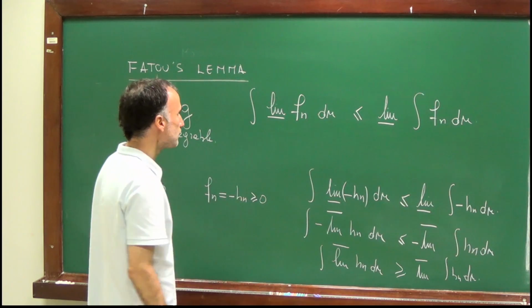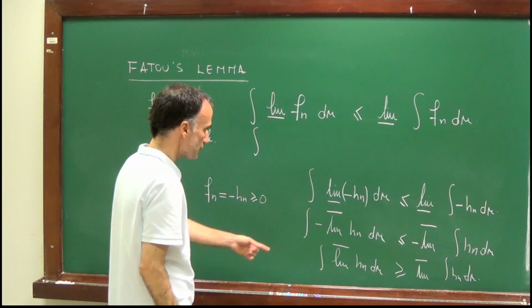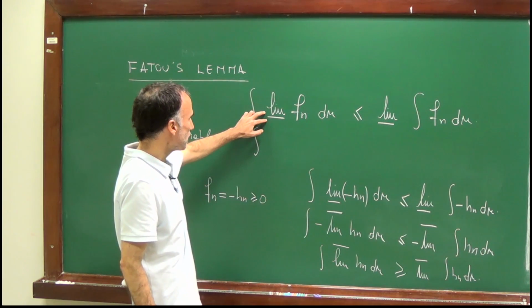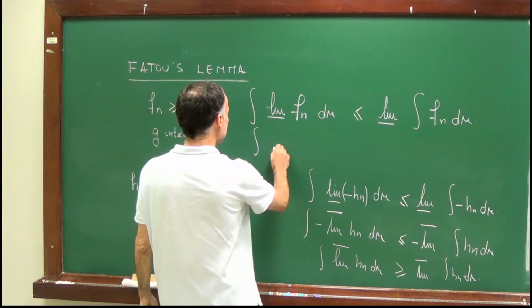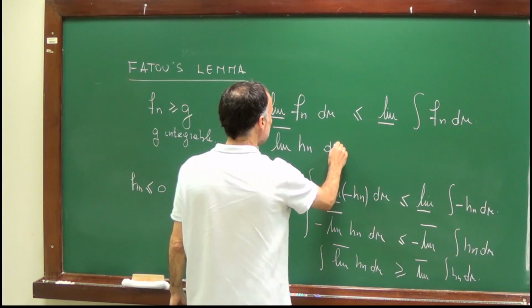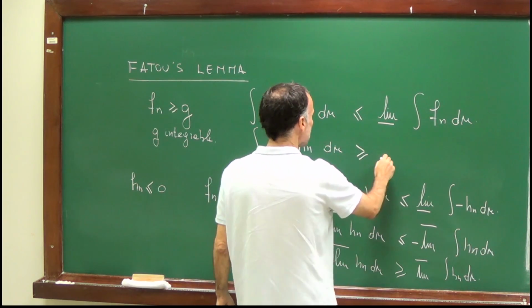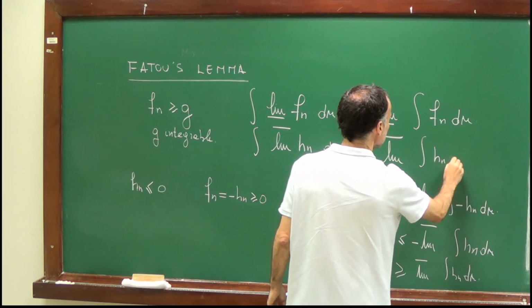And this is what I will write here, that we have a second result replacing the limit inf by the limit sup. We have that the integral of the limit sup of a sequence hn d mu is greater or equal than the limit sup of the integral of hn d mu.